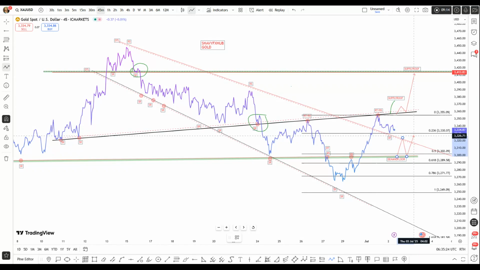If a 4-hour candle dips into there, we might have a 4-hour rejection. But let me just stop here. I don't want to go beyond here until that happens, because everything in trading is probability.